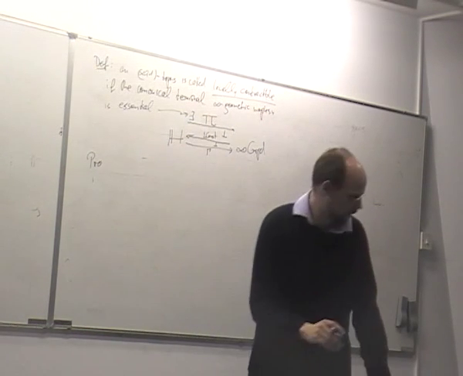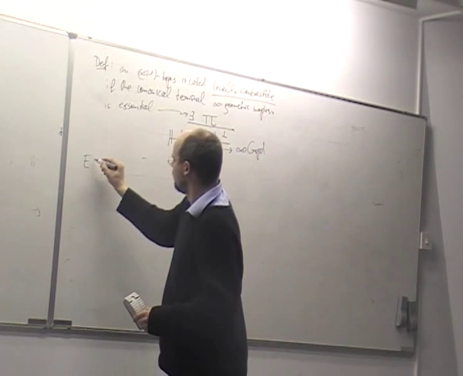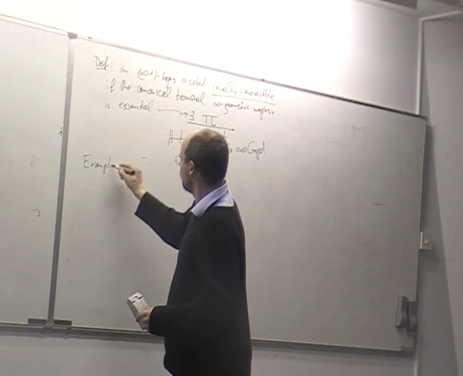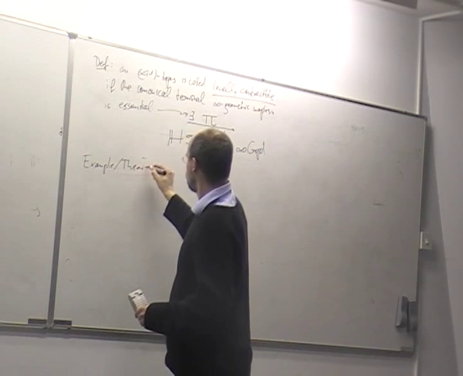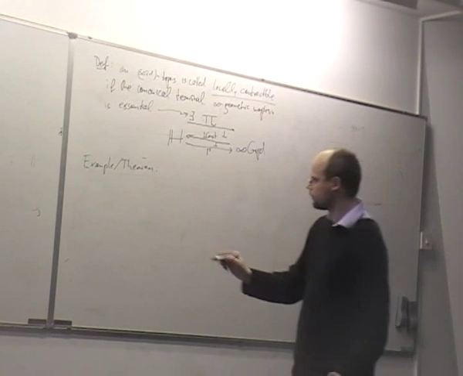Let me first again give the historical example maybe, and then my proposition. So this is example, sort of theorem. Let's play the same game with the topological space to get some feeling for what's going on.